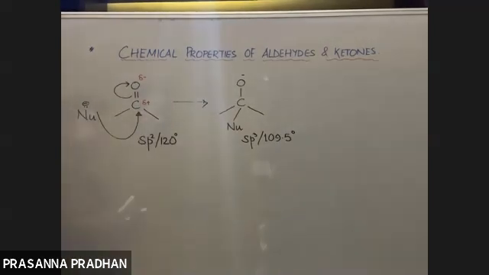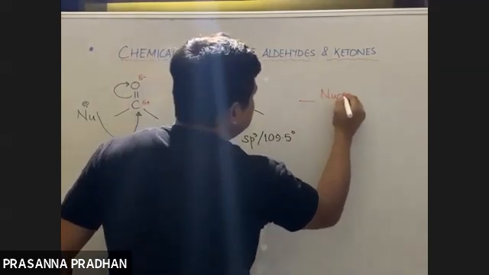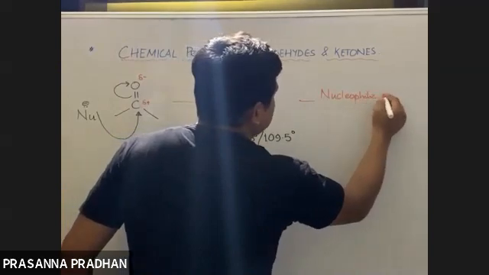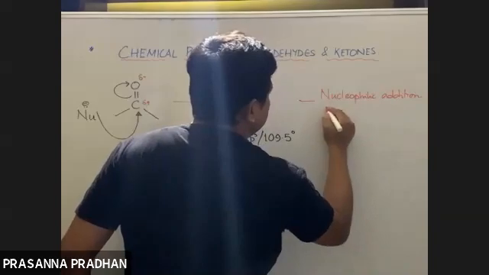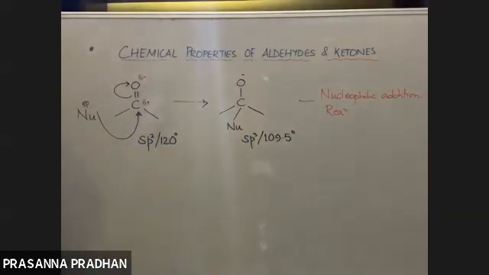So this class of reactions is known as nucleophilic addition reactions. So aldehydes and ketones undergo what type of reaction? Nucleophilic addition reaction. So first step में क्या रहा है? Nucleophile is added to this carbon atom.